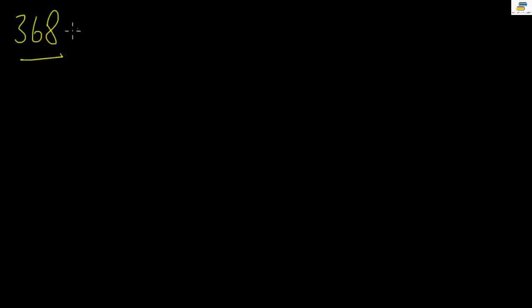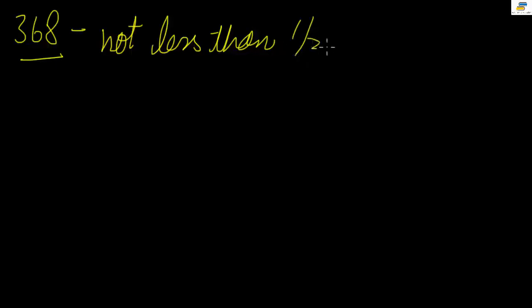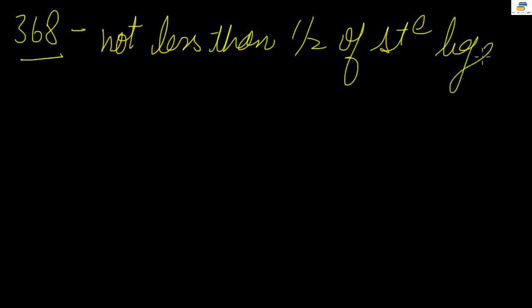If you talk about article 368, it just says that not less than half of the state legislatures should ratify. It nowhere says that this has to be a simple majority, but we presume it has to be a simple majority.